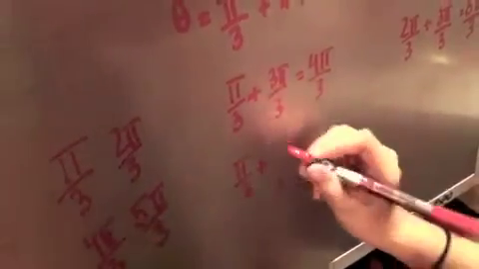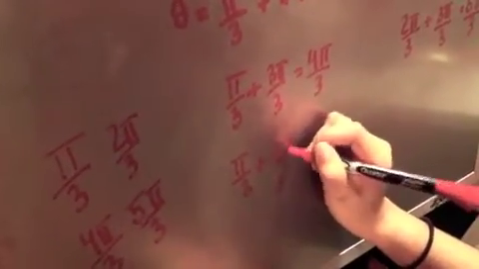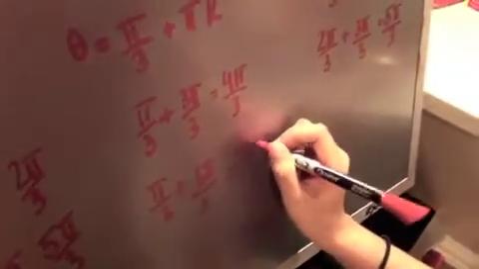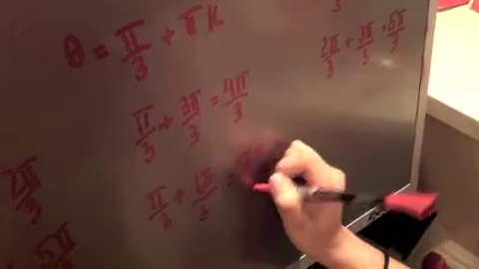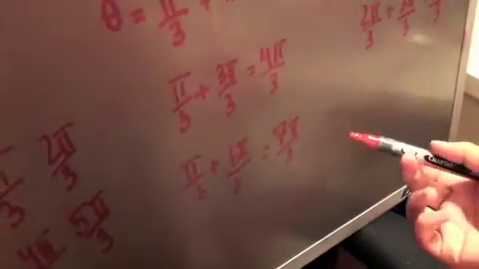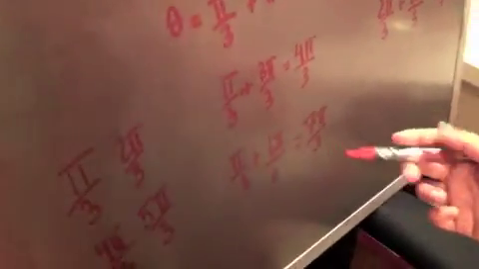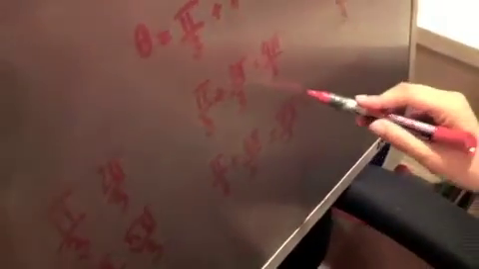So let me just write that down. 6 pi over 3. And pi plus 6 pi is 7 pi, so that would be 7 pi over 3. And as you can see, 7 pi over 3 is not within our arbitrary domain restriction of 0 to 2 pi, so this does not work.